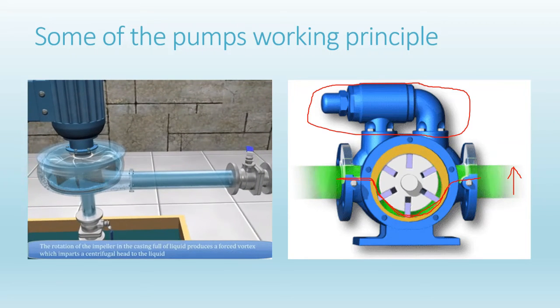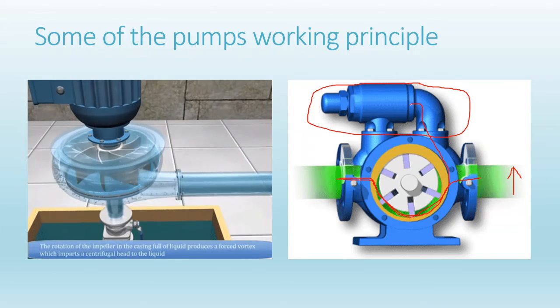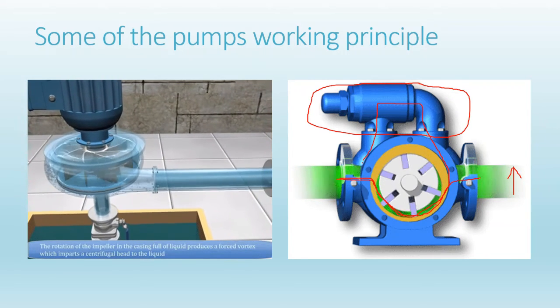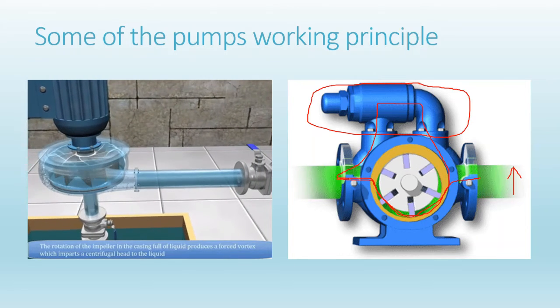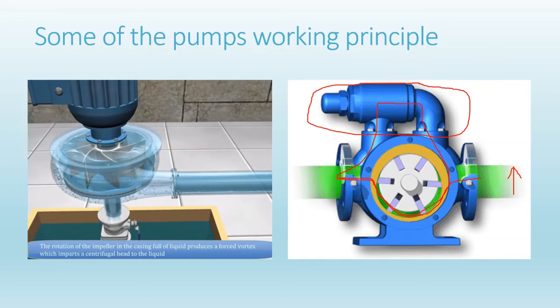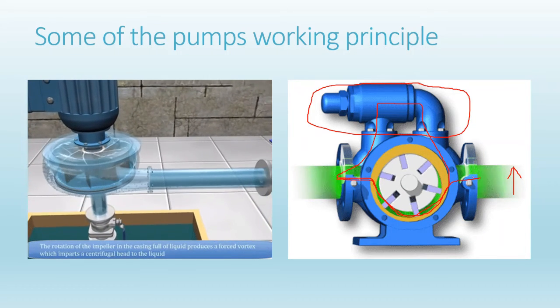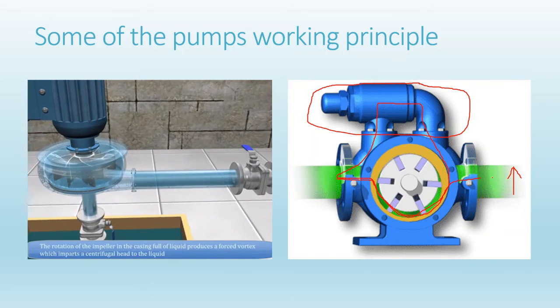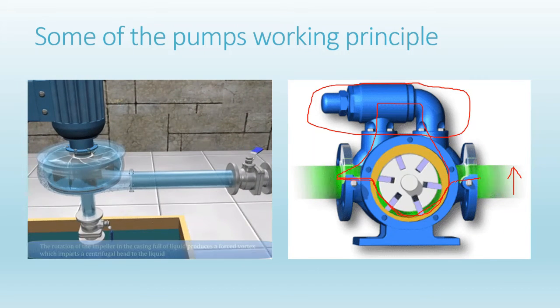But here, the path it follows is directly from here to here, and again it comes to the suction side. So whatever material it delivers, again gets delivered to the suction only. So there is no pushing of fluid to the delivery side. In this way the pump safety and pipe safety are ensured.